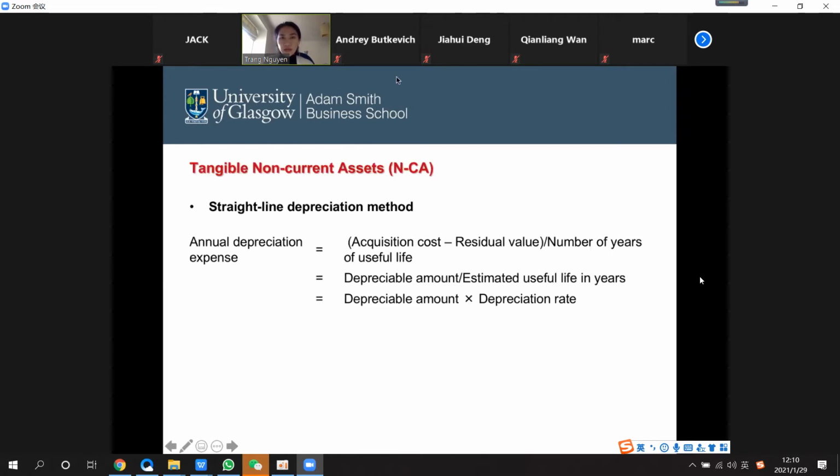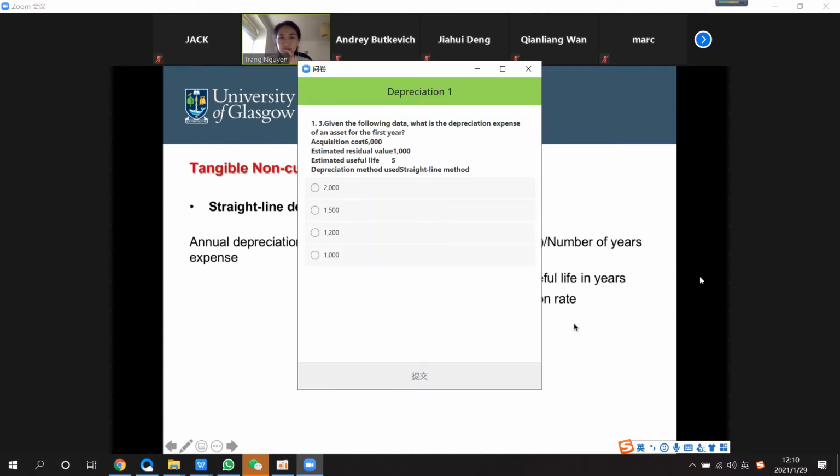Now we will start with an example about depreciation. Okay, start to calculate this. We will need to identify the depreciable amount divided by the number of years if it's straight line.